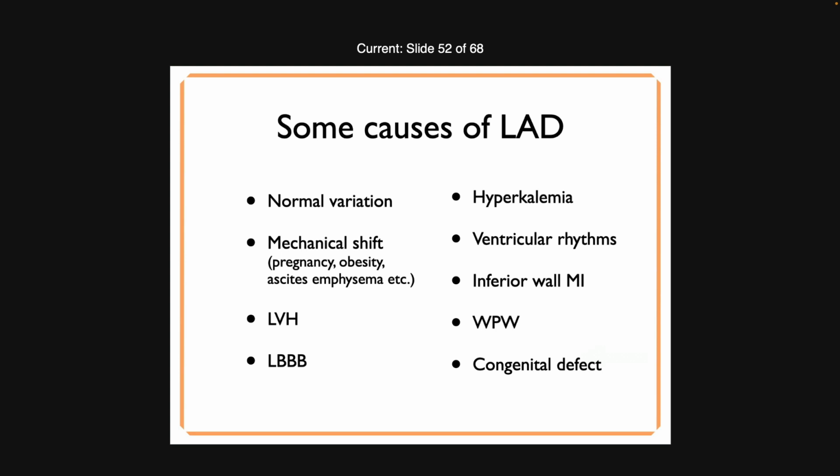In the ventricles. In what part of the ventricles? Trick question. Anywhere. So it could be up toward the top, could be down toward the bottom, and where the ectopic focus is going to really influence the axis. So it could be left axis deviation. Inferior wall STEMIs will sometimes cause left axis deviation, WPW, and then it could be just a congenital defect.